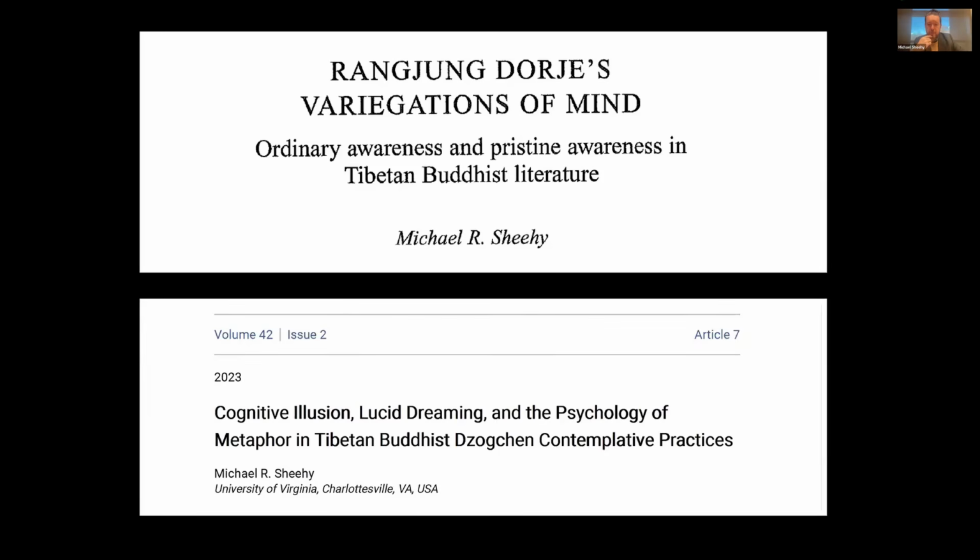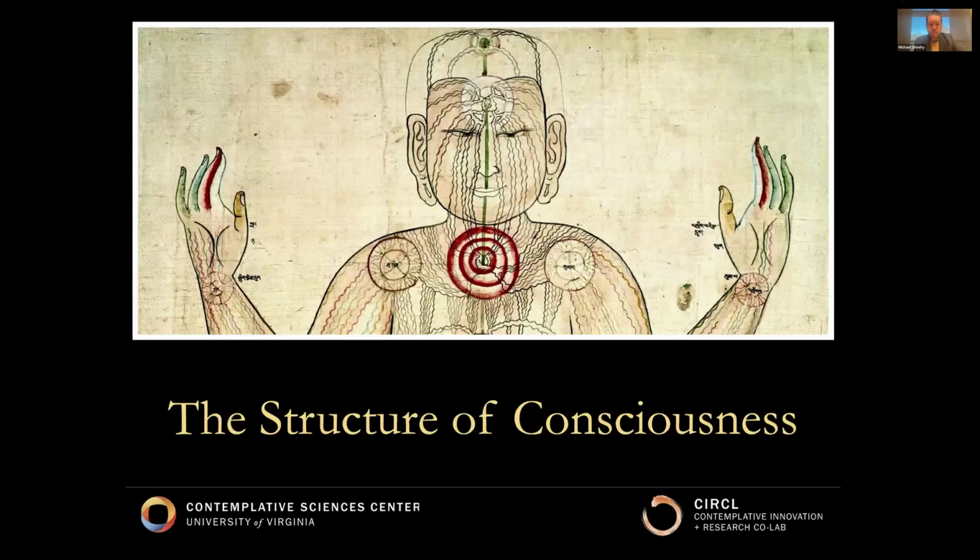This other one I put out the year before last on cognitive illusion, also is more related to dreaming, dream yoga practices, but sections are also very related to what I'm talking about today around operations of perception and cognition. So that's just as a way of background.